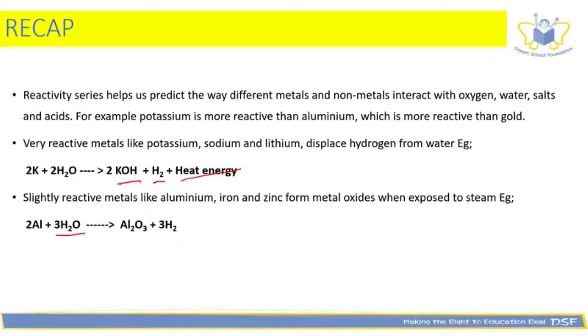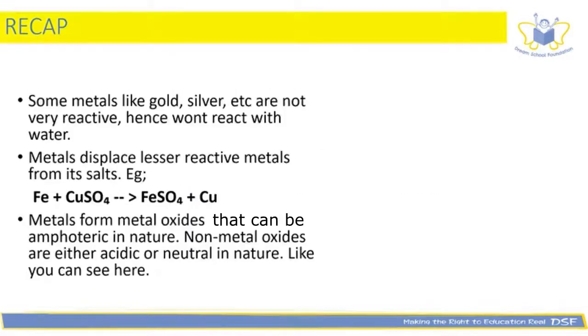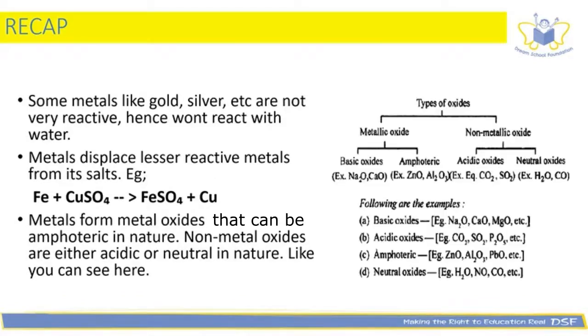Aluminium reacts with water to give you aluminium oxide, releasing hydrogen gas. Some metals displace hydrogen from acids, and these metals are placed above hydrogen in the reactivity series. Metals react with oxygen to form metal oxides that can be basic or amphoteric in nature. Non-metal oxides are either acidic or neutral in nature, like you can see here.